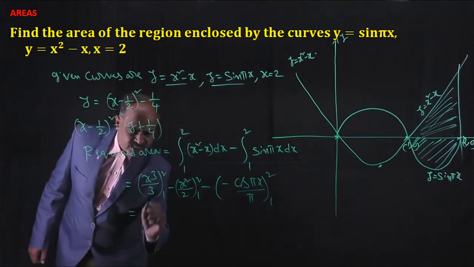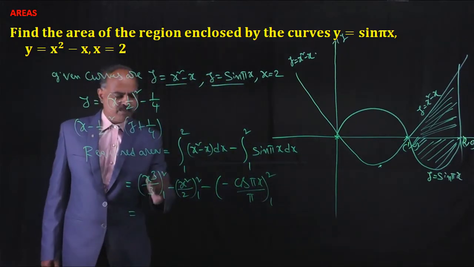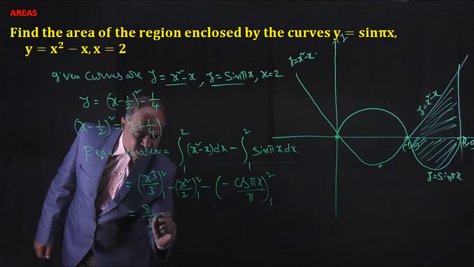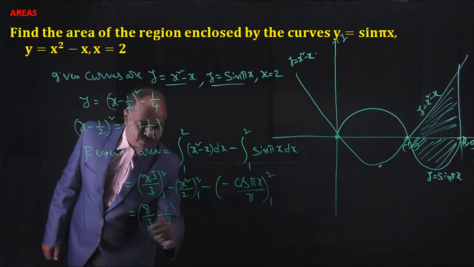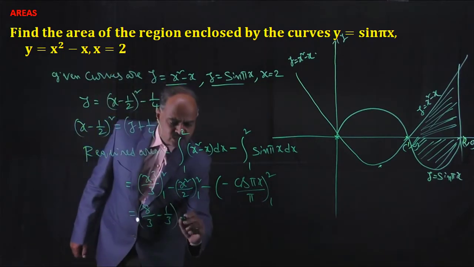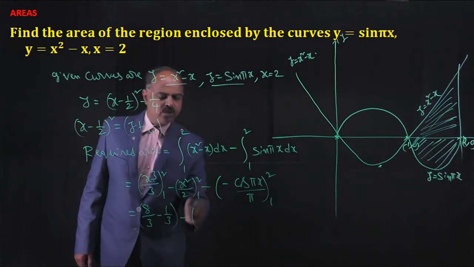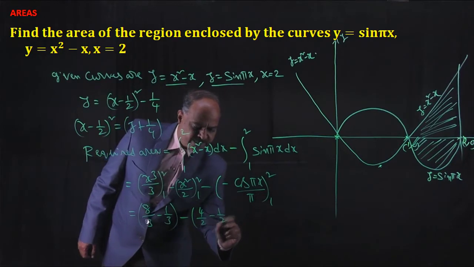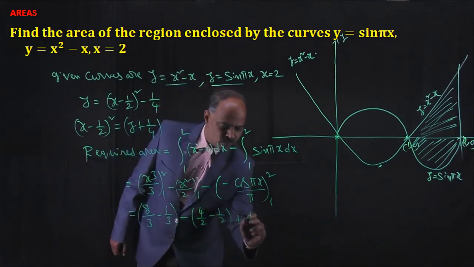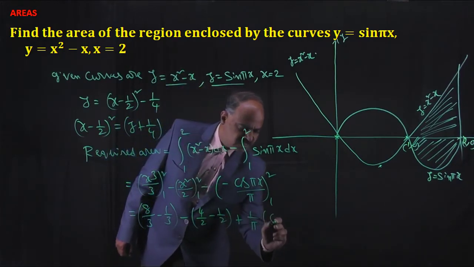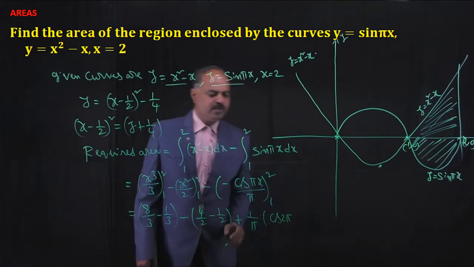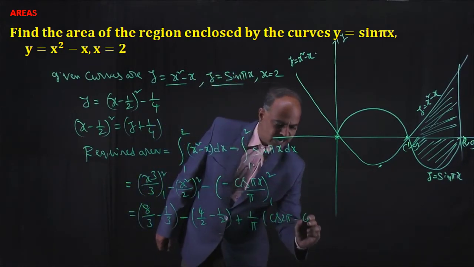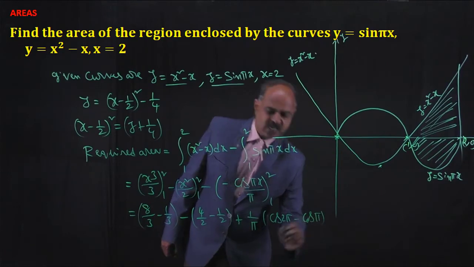Now here, substituting the upper limit in place of x, that is equal to 8 by 3 minus, substituting the lower limit in place of x, 1 by 3. So here, substituting 2 in place of x, that is equal to 4 by 2 minus 1 by 2, plus 1 by pi into cos 2 pi minus cos pi.